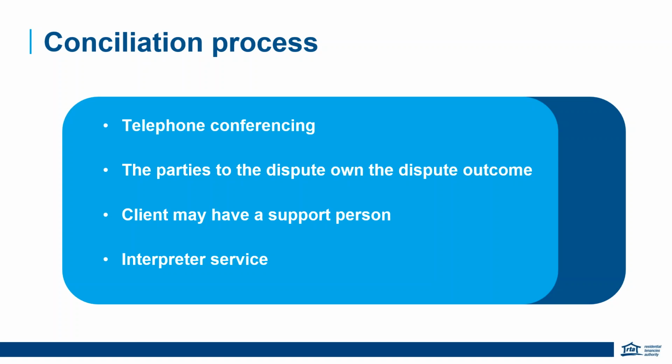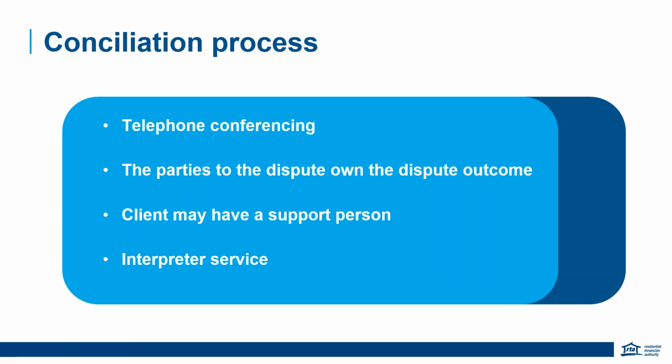I think it's very important for you to understand that if they need someone there with them through this process, that is available. We also have access to the interpreter service. We encourage agents to make sure that all the paperwork about any bond claims is given to tenants prior to the conferencing.